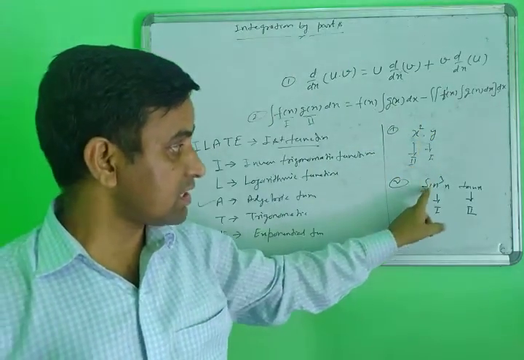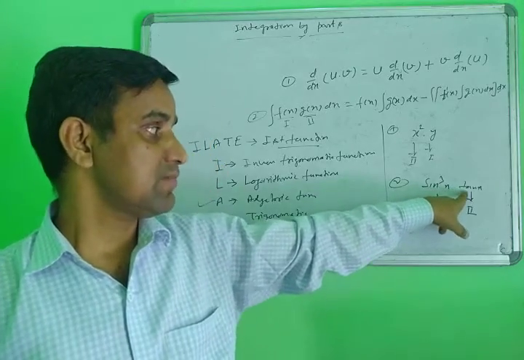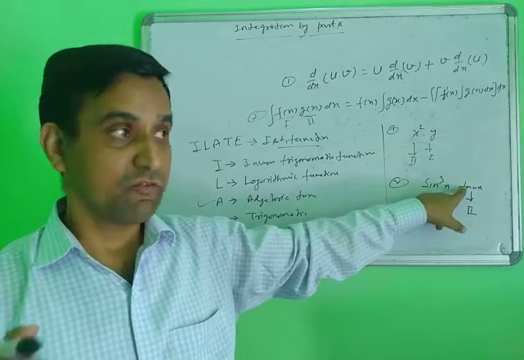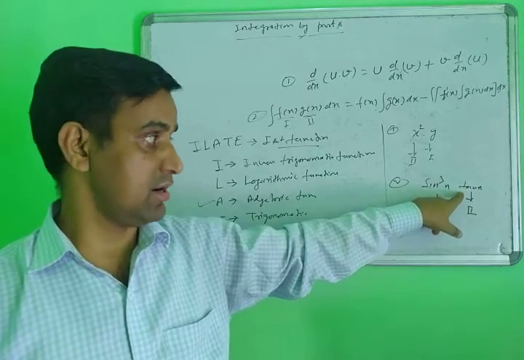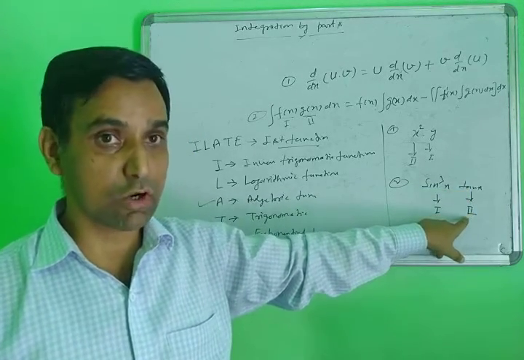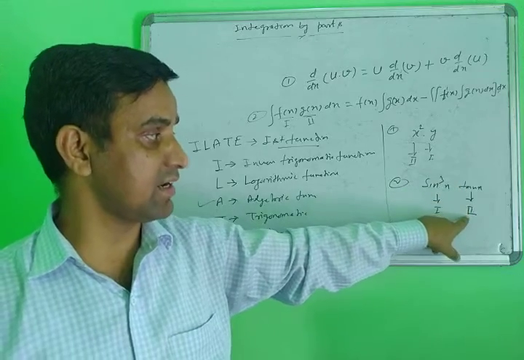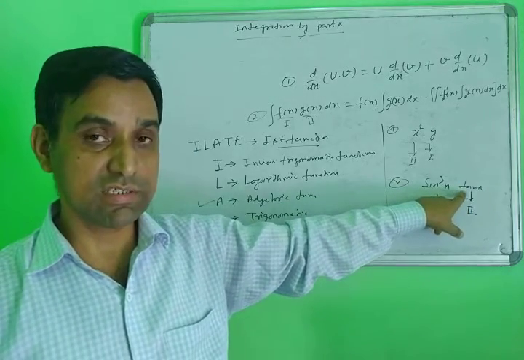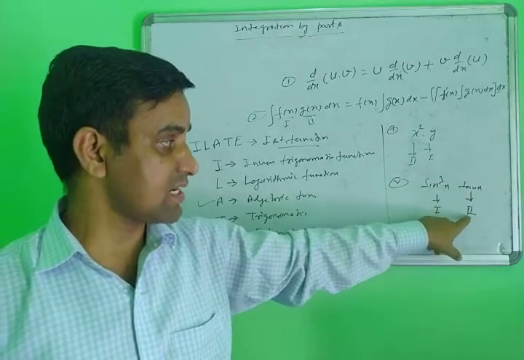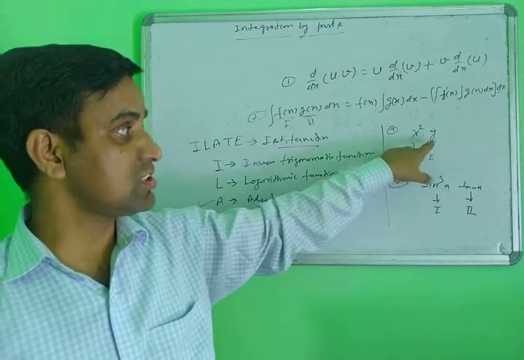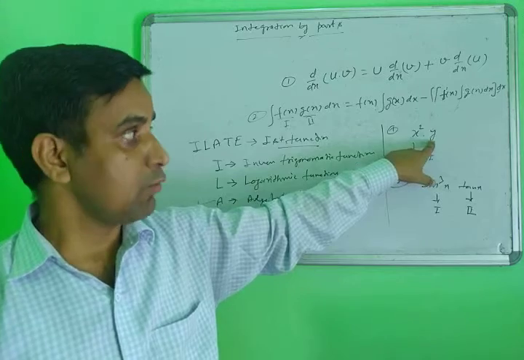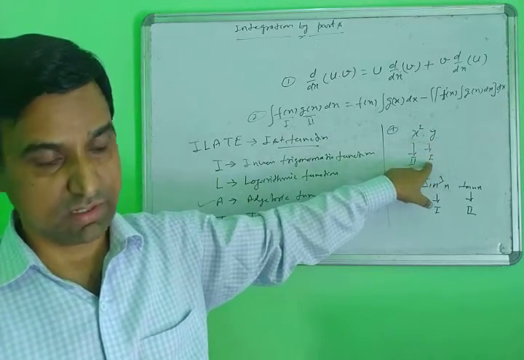So with two trigonometric functions, the one whose integration is simpler will be selected as the second, not the first. Here the condition is opposite: the one whose differentiation is simpler will be selected as the first.